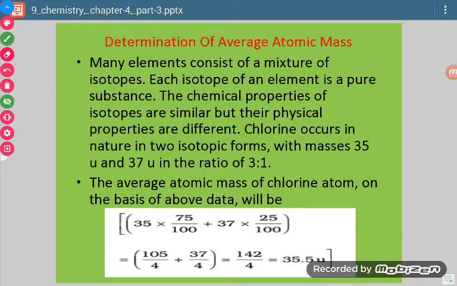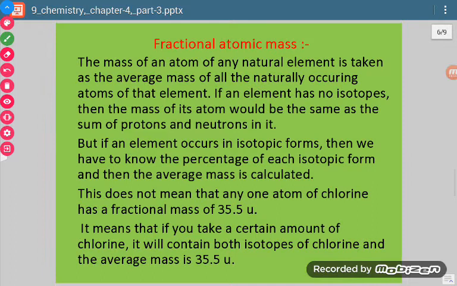Next we come to fractional atomic mass. We are talking about the same thing. What do we mean by fractional atomic mass? If we see the definition of atomic mass, we have said that it is the sum of the protons and neutrons.